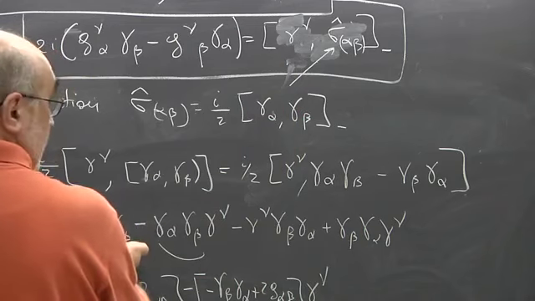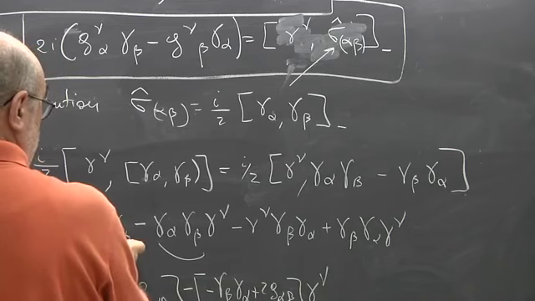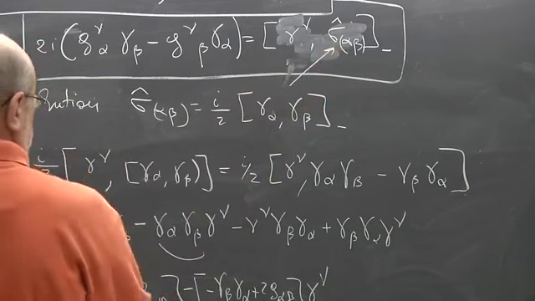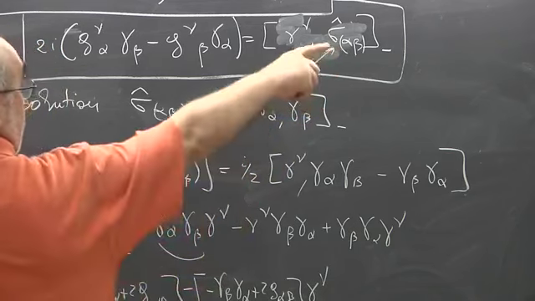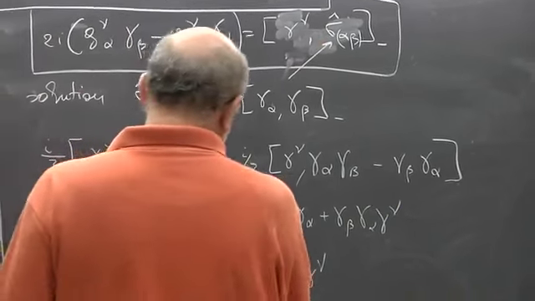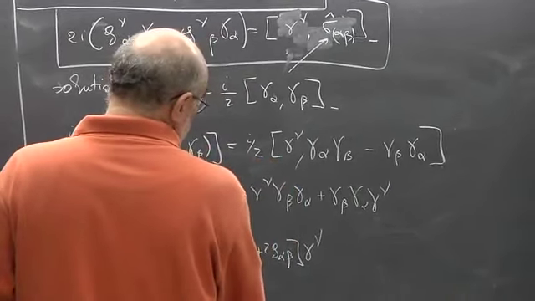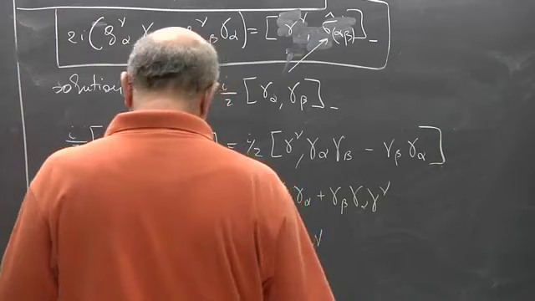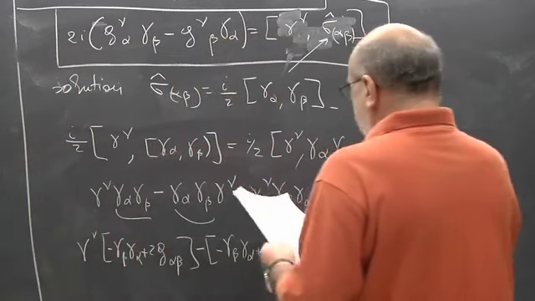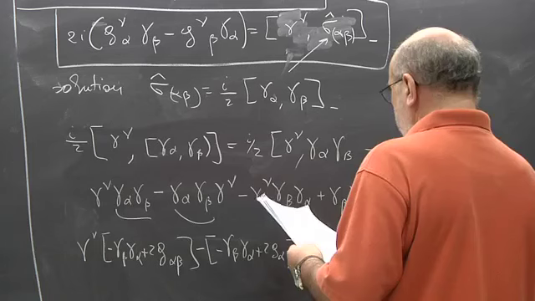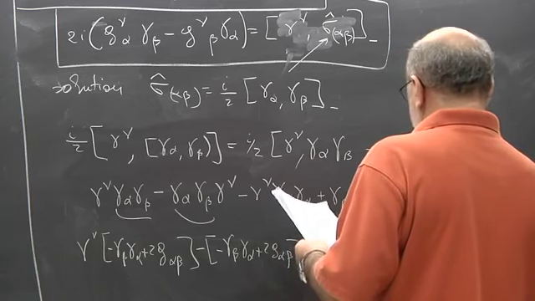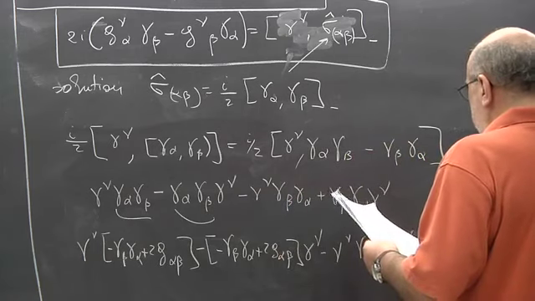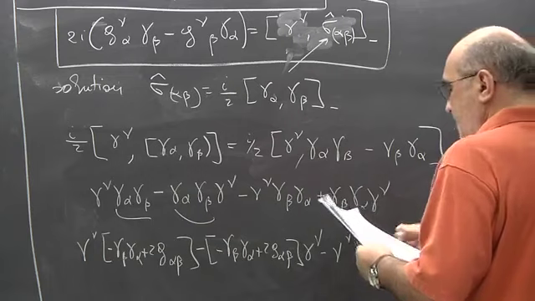So gamma alpha, gamma beta, I know is equal to gamma beta, gamma alpha with a minus, and I adding the piece 2g alpha beta from that one. The same here, I turn this around, gamma beta, gamma alpha, and then I have to add plus 2g alpha beta, and then I have gamma mu. Minus gamma nu, gamma beta, gamma alpha, this piece, plus gamma beta, gamma alpha, gamma nu.